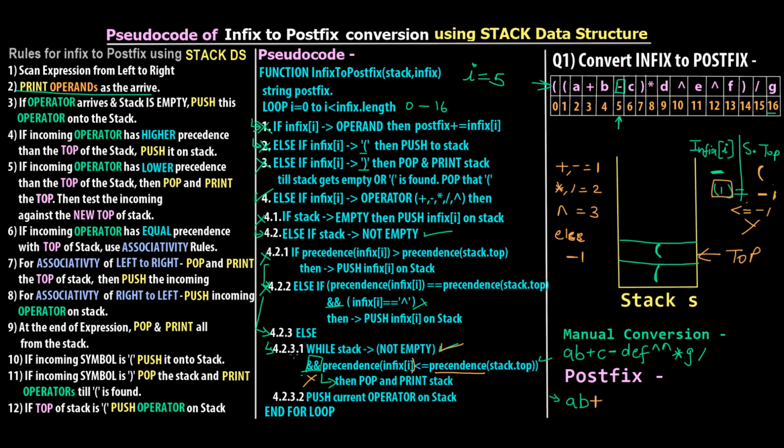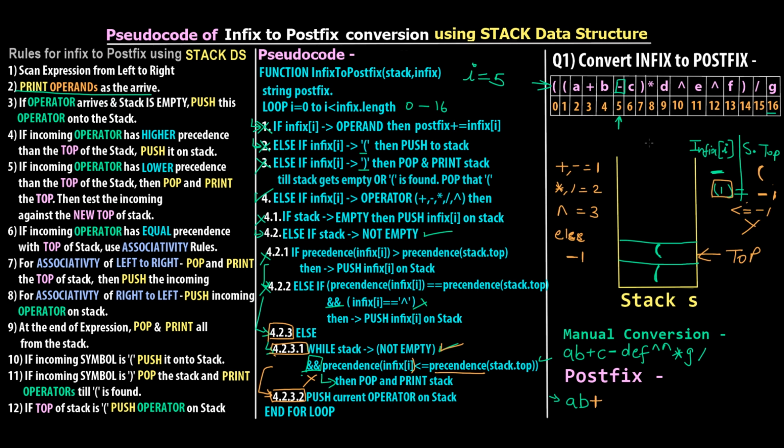We will come outside this while loop, that is outside 4.2.3.1, and we have one more statement in 4.2.3, right? Inside 4.2.3 we have a while loop, and we have one more push instruction. This push instruction says push the current operator onto the stack.